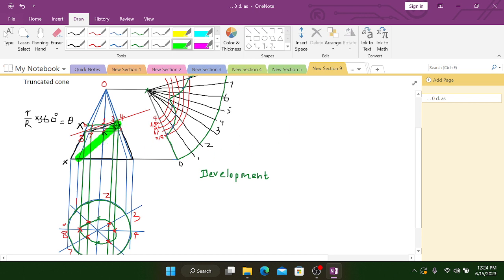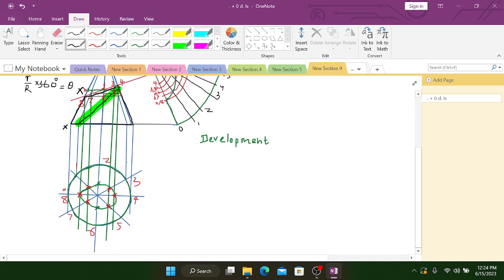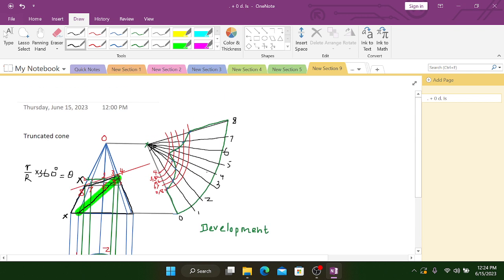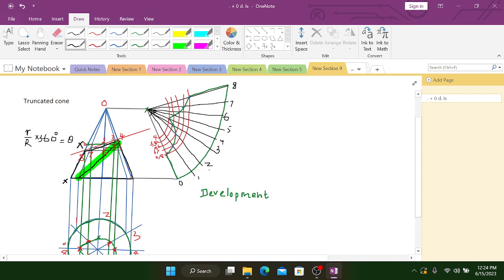So my object finally in front view will be like this. This part will not come. So in plan view and in development view, you will see how we are going to draw it.